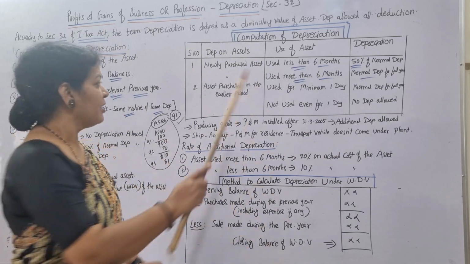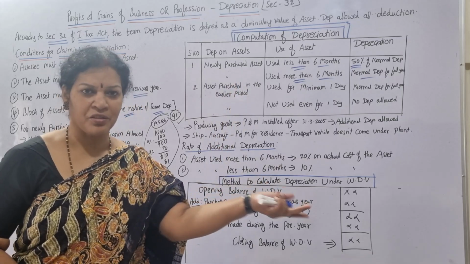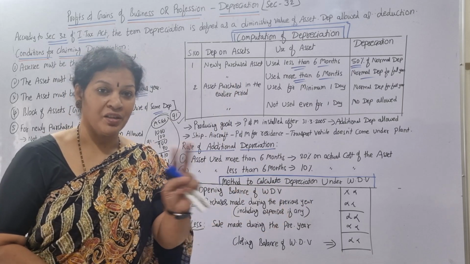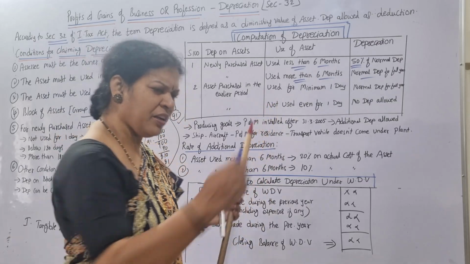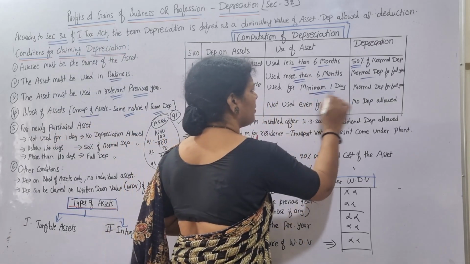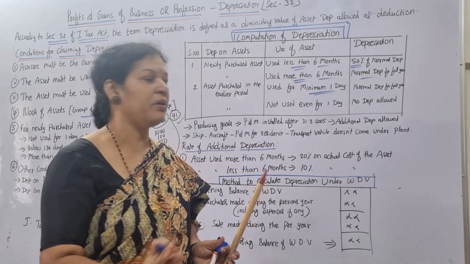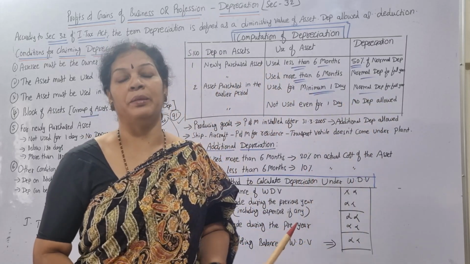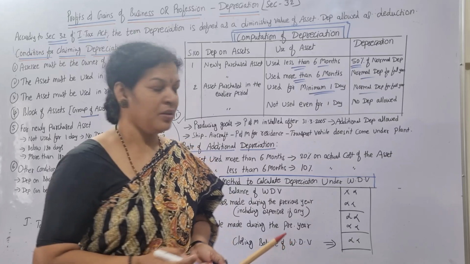Clear? Next, asset purchased in the earlier period. You already purchased the asset. Not right now you are purchasing. It's not new. Already purchased. There are two cases. One is used for minimum 1 day. At least 1 day you have used it. If you have used it even 1 day, normal depreciation you are eligible to claim, normal depreciation according to the asset.